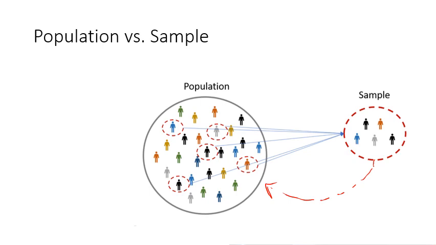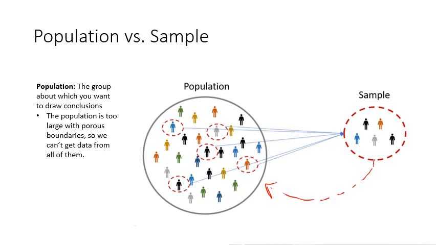So we're going to stir the pot and draw our sample. And then, if we did our sampling well, we'll be able to infer that whatever it is we tested in our sample will reflect the population, just like that spoonful of beans reflected the pot of beans.